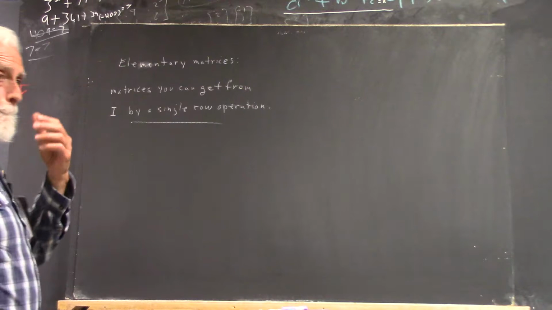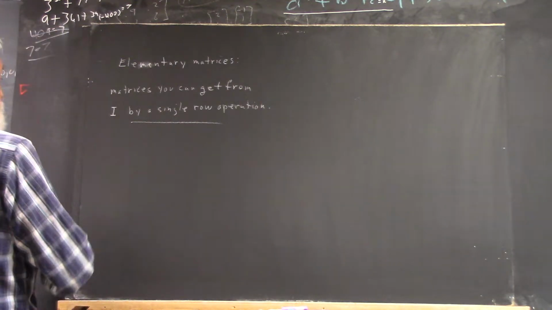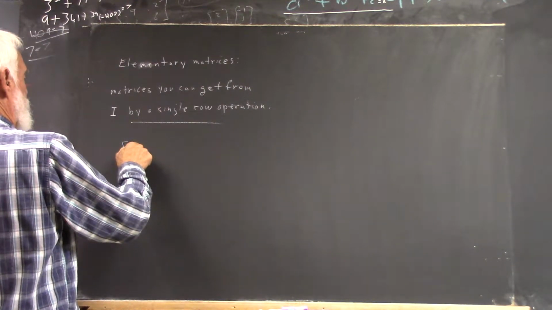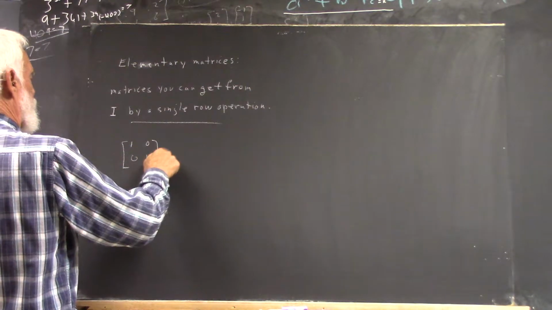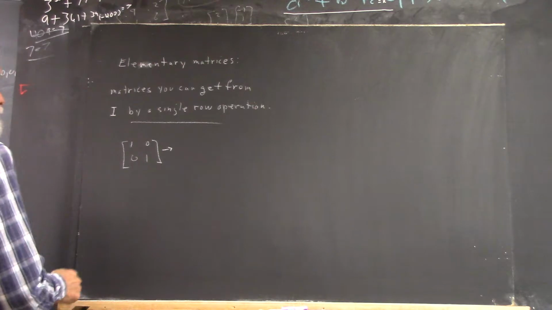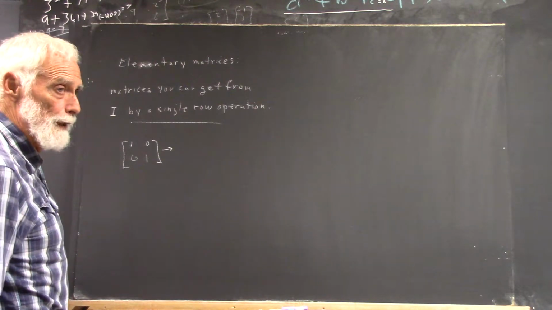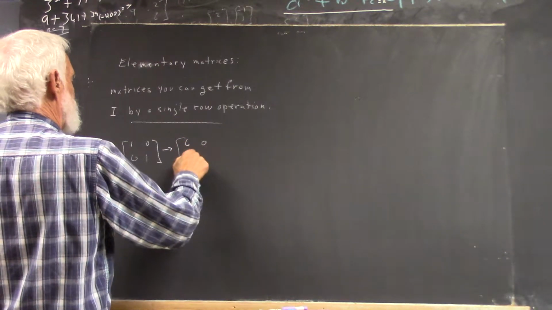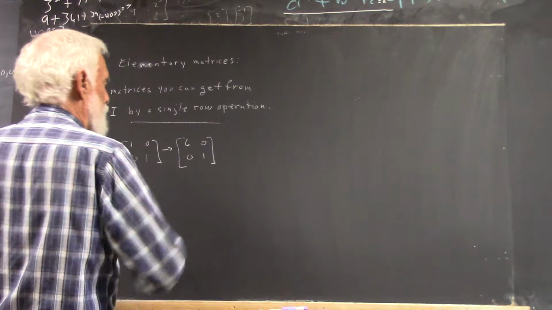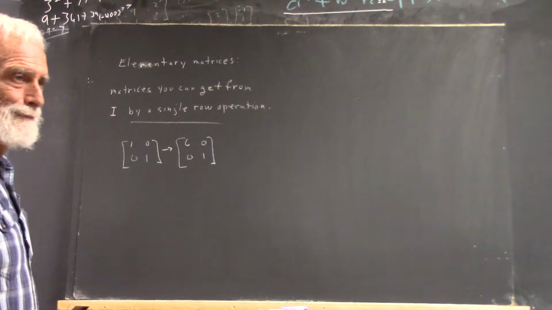Okay? And just to see a couple of them, just a 2 by 2. Anything higher. One, 0, 0, 1, if you multiply the first row by 6, gives you this elementary matrix.